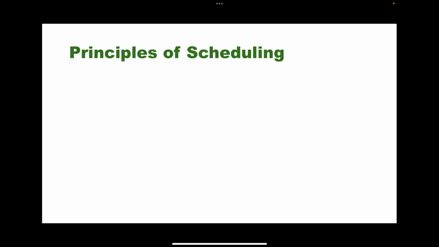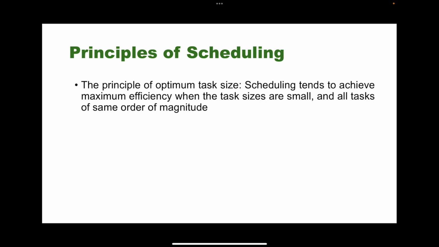Now let us discuss the principles of scheduling. The first principle is the principle of optimum task size. That means scheduling tends to achieve maximum efficiency when the task sizes are small and all tasks are of the same order of magnitude. Earlier we have seen one example here.